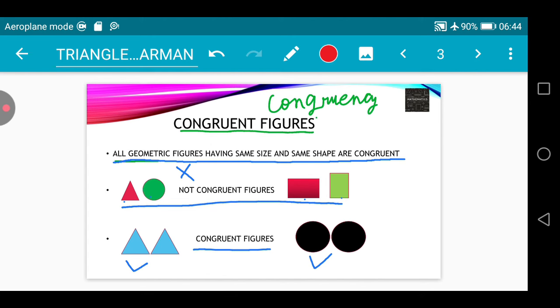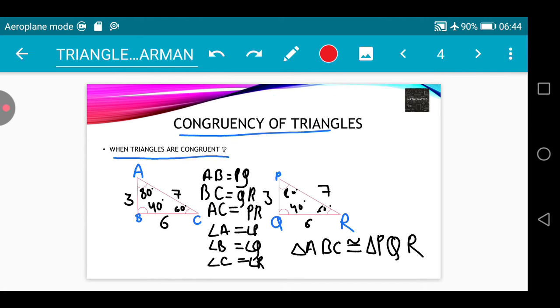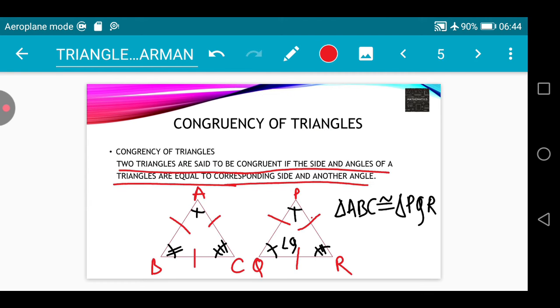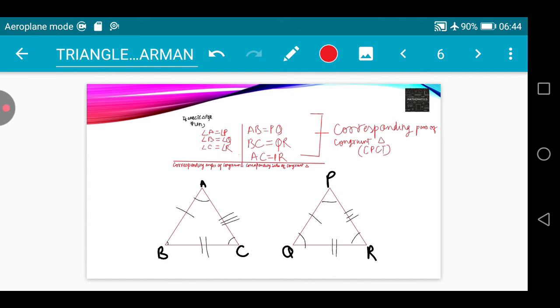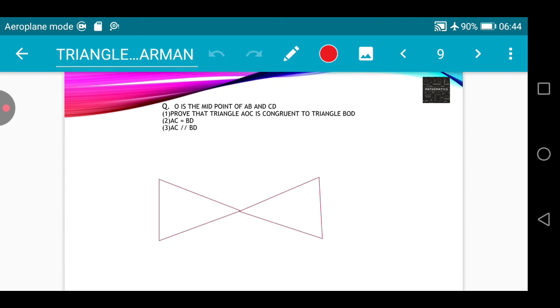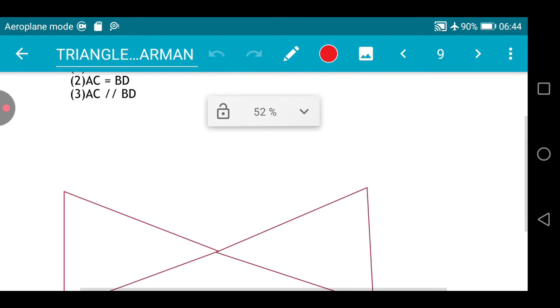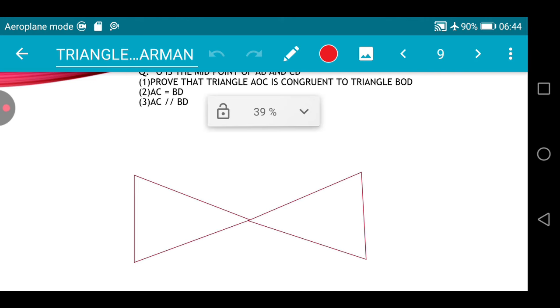Then we moved to when triangles are congruent: if the sides and angles of the triangles are equal, then they are congruent. So this is what we have done. Now this is the first criteria we have got.